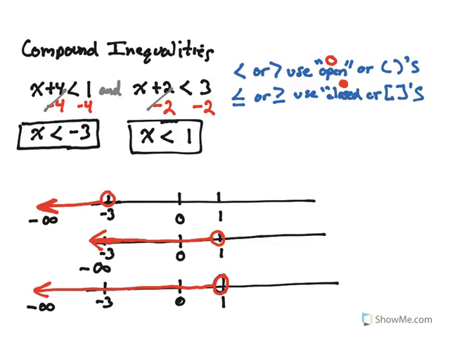And now, my solution set. Now, here's what you've got to be careful about. You would say, okay, I have my graph, so I'm all set. That means all my solutions have to be less than 1 to infinity. I'm going to stop you right there because you would be incorrect. Remember the key word, and. When we have the word and, we want to know where they overlap. So the graphs are going to overlap right here.